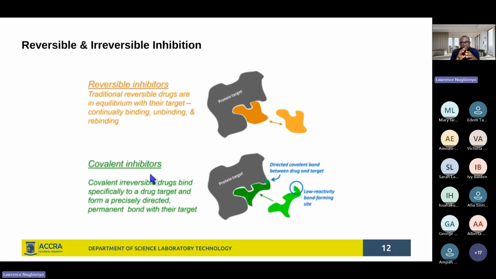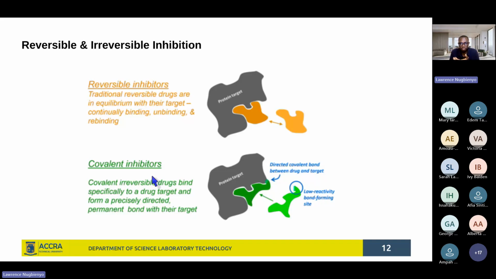We can also classify enzyme inhibition in two ways, saying it is either reversible or irreversible inhibition. So you have inhibitors that bind to enzymes.